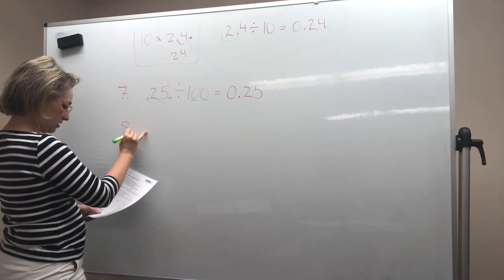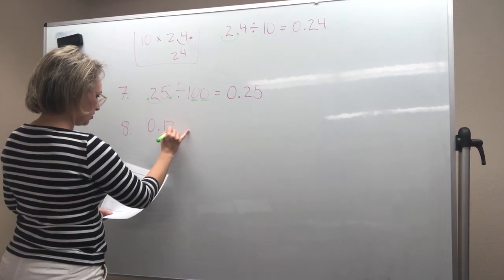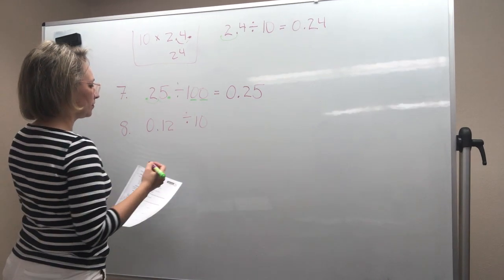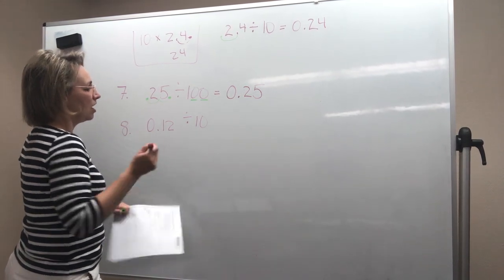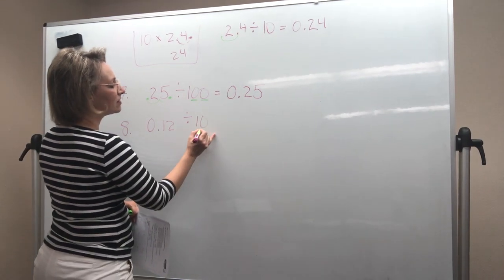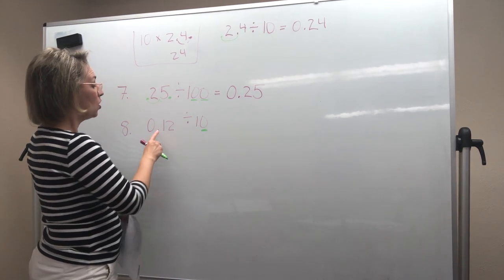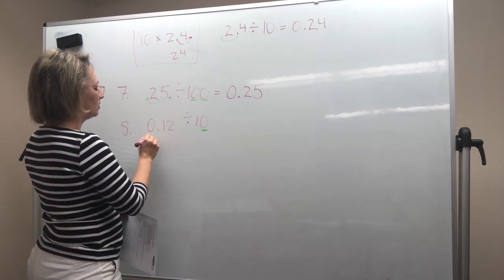Okay? Let's do number 8. Number 8, this is on the worksheet, is 12 hundredths divided by 10. How many zeros are in this tens number? Just 1. So we're going to just move our decimal 1 place to the left.